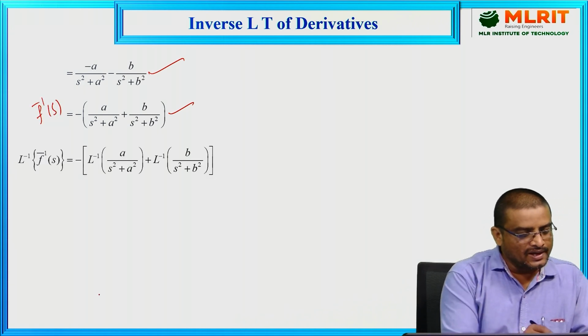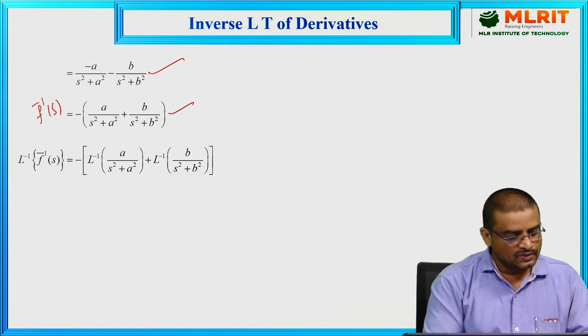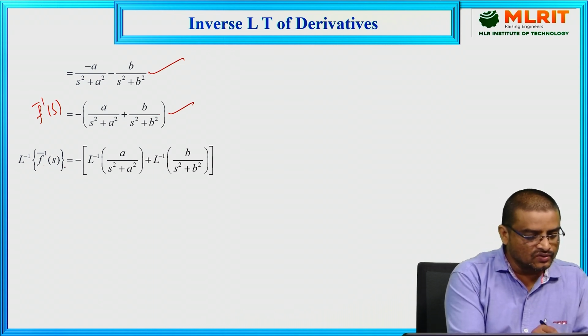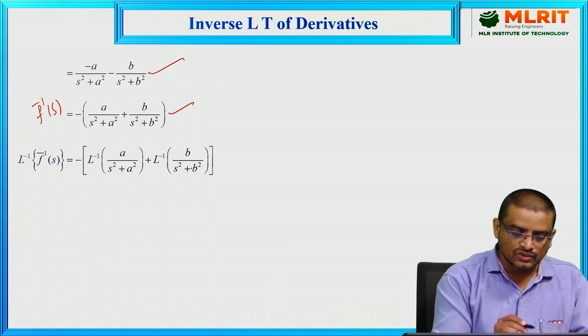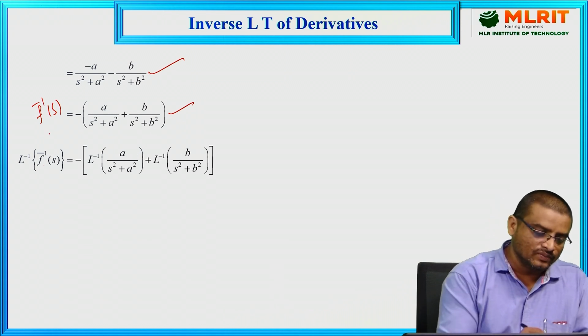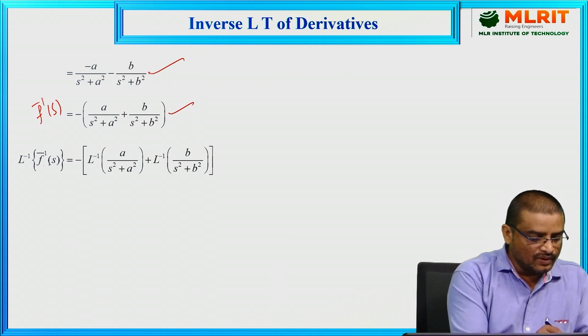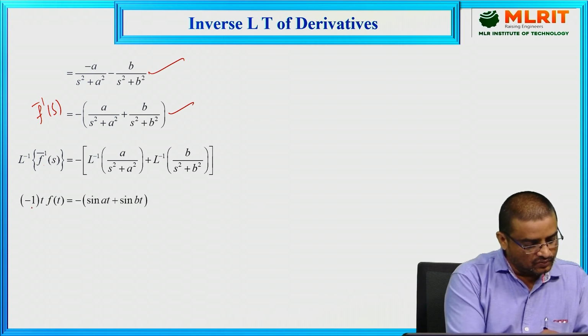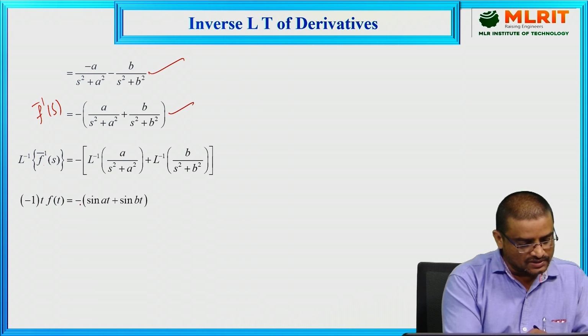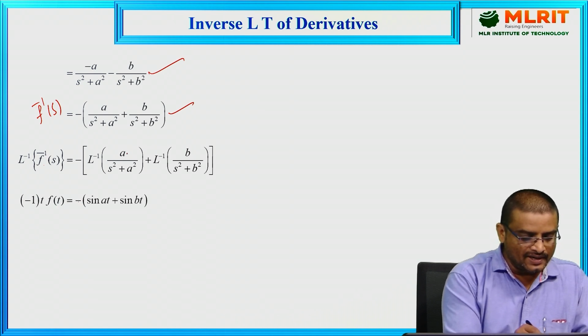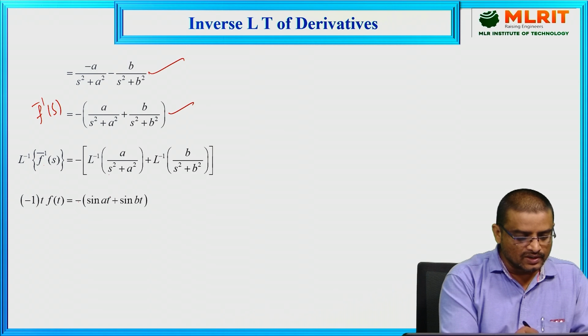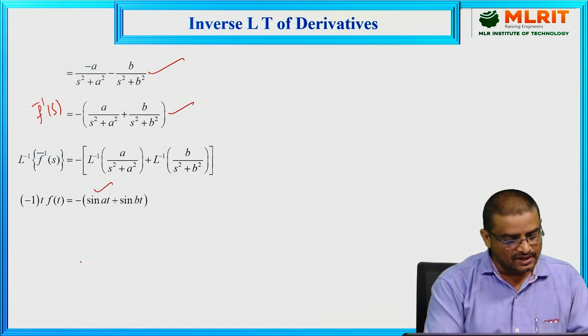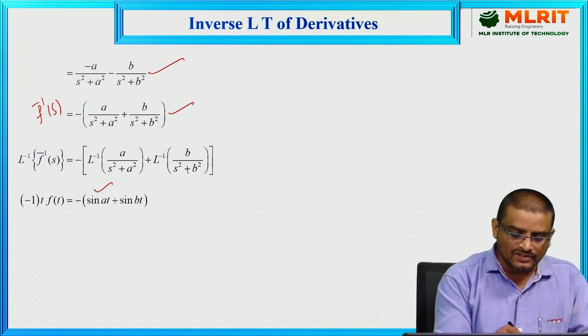Now apply L inverse on both sides. So L inverse of f bar dash of s is equal to L inverse of these two terms, keeping the minus sign. And L inverse of f bar dash of s, we can take as minus 1 into t into f of t, which is equal to minus L inverse of a by s square plus a square, which can be written as sin at, and b by s square plus b square, which can be written as sin bt.